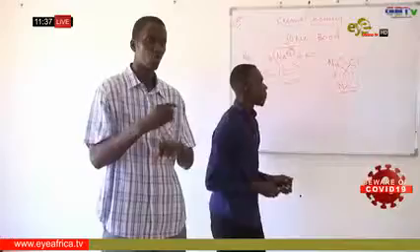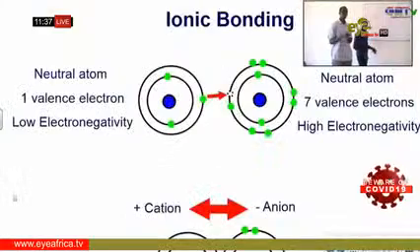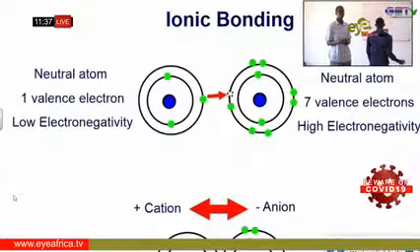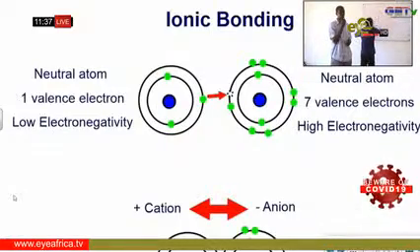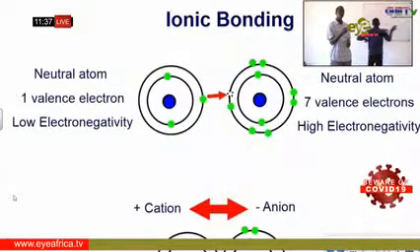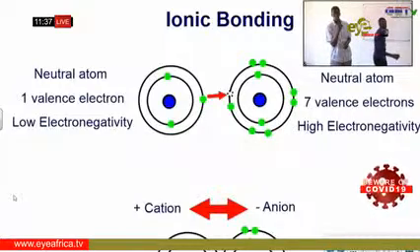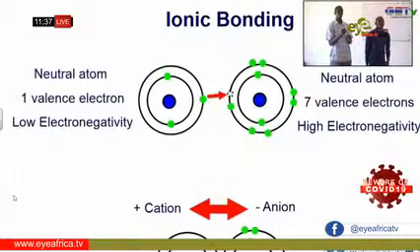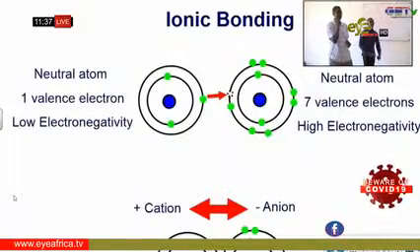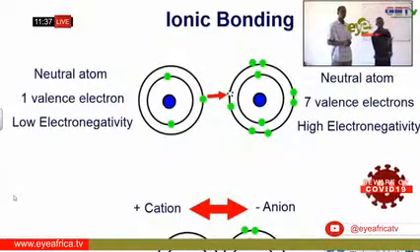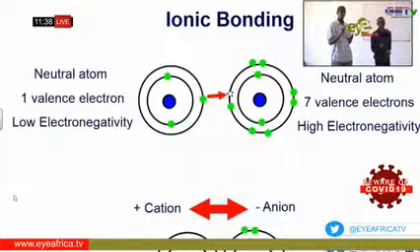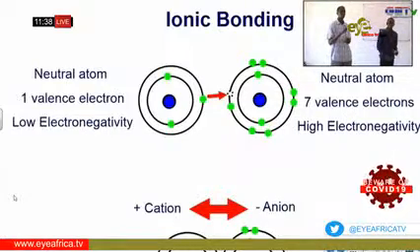Now we have formation of ionic bonds. In this case, I will use the molecular structure of these compounds and then we will draw their bonding. That is, on the board we have an element, and this, the first element, is a neutral atom which has 1 valence electron, and also the electronegativity is low.